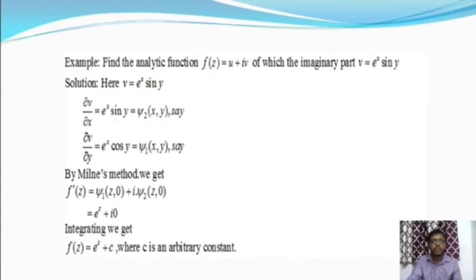Now integrating on both sides, after integration f of z is equal to, so the integration of e to the power z is e to the power z plus c, where c is an arbitrary constant of integration.